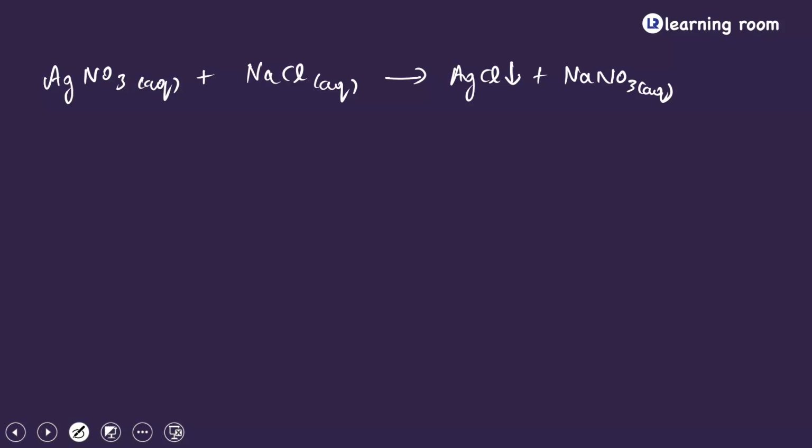Clear? Out of two products formed, one product precipitates. It will be in solid state, and the other product is in aqueous state because it is soluble. All chlorides are soluble: salts of sodium, potassium, chloride, except silver, mercury, and lead. The chlorides of these three are insoluble.